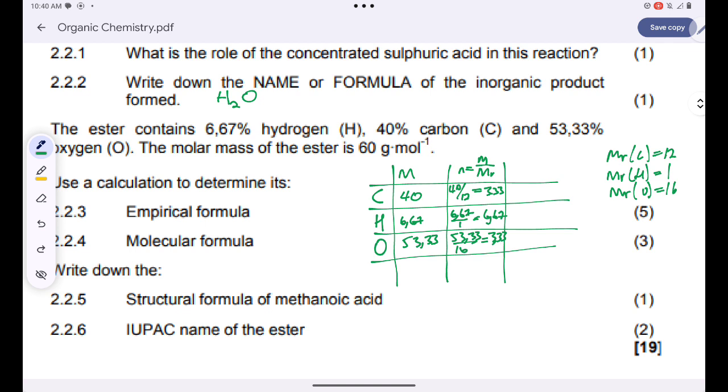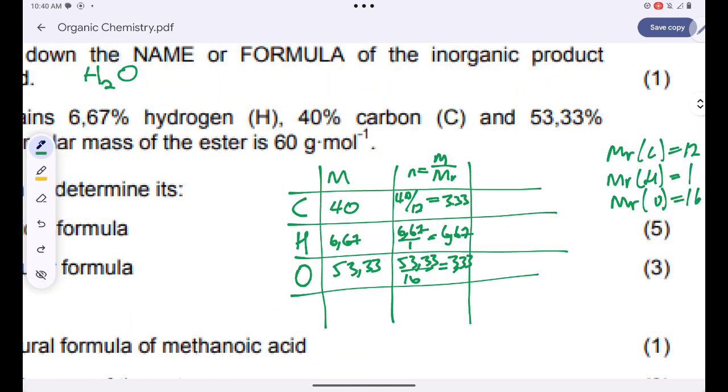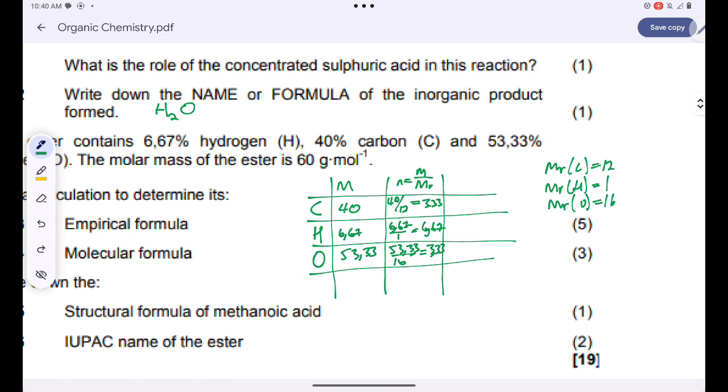Okay, so the smallest number of moles is 3.33, right? So I'll divide each and every number of moles by the smallest one altogether. So I'll say 3.33 divided by 3.33 to find the subscripts of my empirical formula. And then 6.67 divided by 3.33.